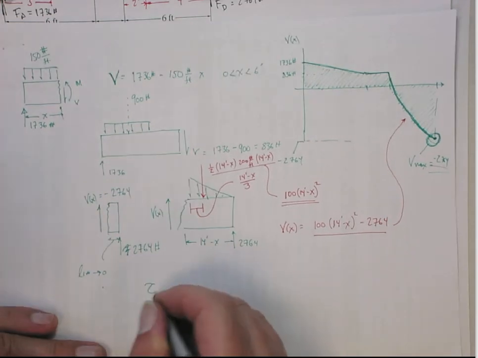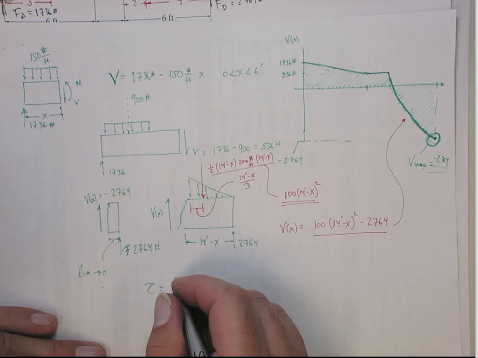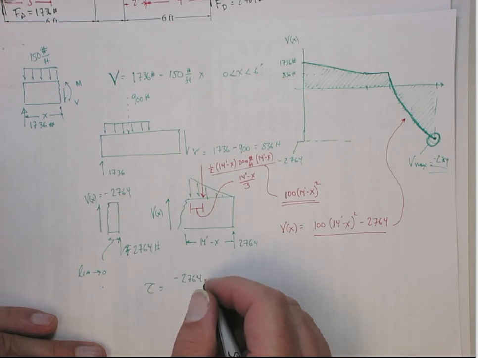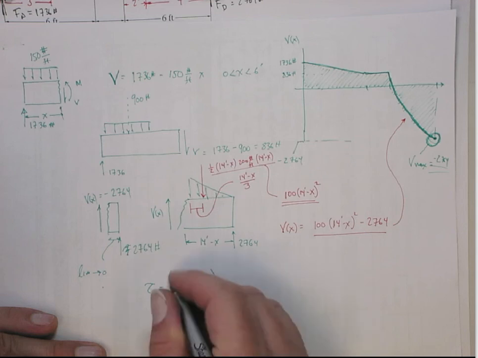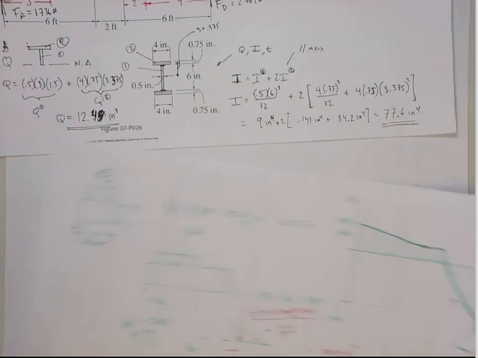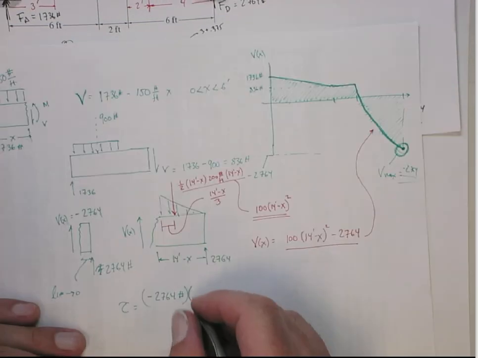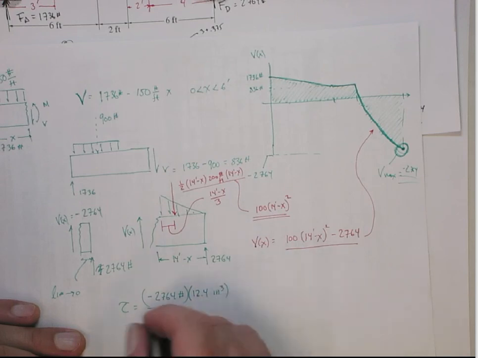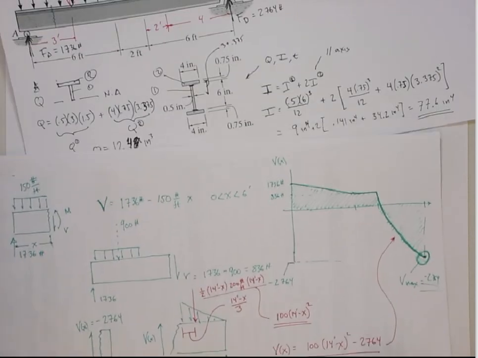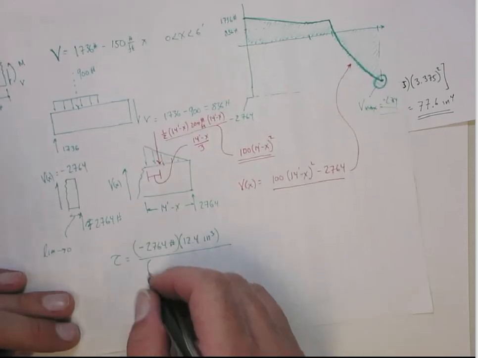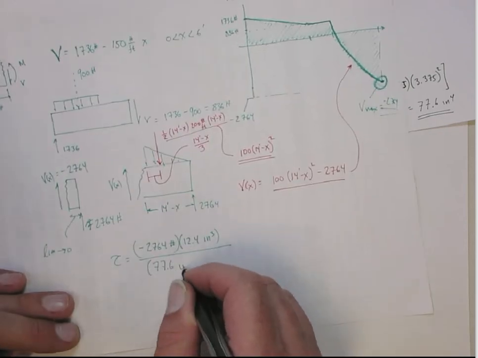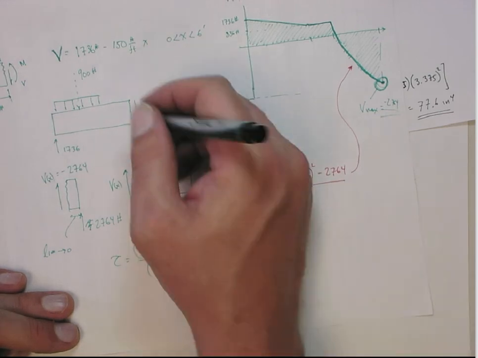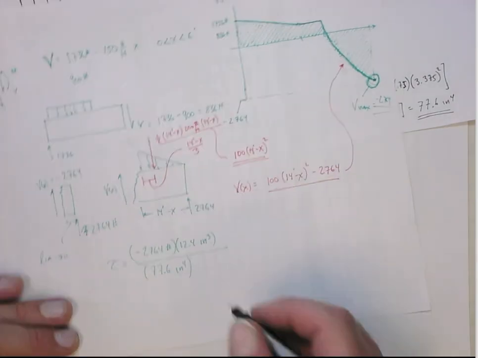Now we can get that tau is VQ on It. The V is 2764 pounds. The Q we got before is 12.4 inches cubed. The I is 77.6 inches to the fourth. Remember, this is where the max is. That's right at the neutral axis. So that's the Q from the neutral axis to the upper fiber.